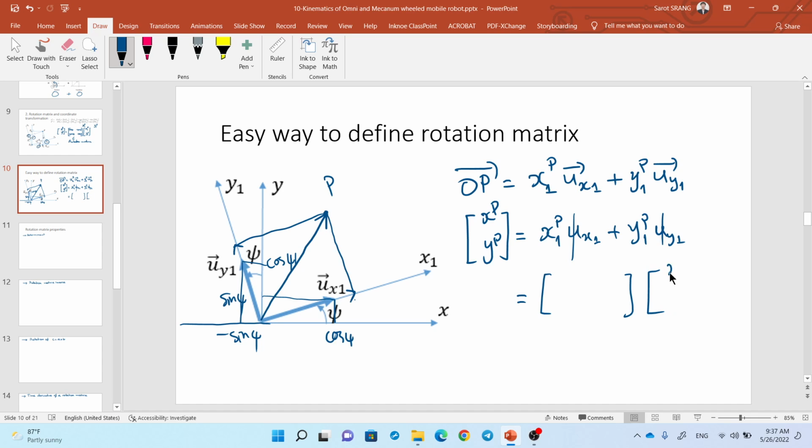You can write like this. You want to take H1P and Y1P here. So what you have here is UH1 and UY1, and they are column vectors. And what are these vectors? This vector UH1 has components cosine psi, sine psi, and then the unit vector UY1 has minus sine psi, cosine psi, right?